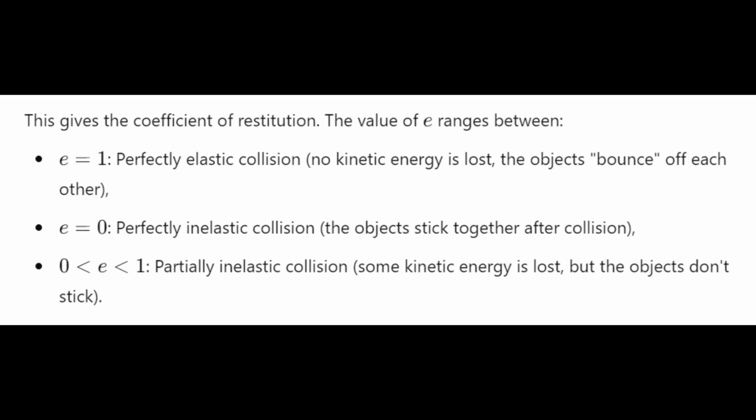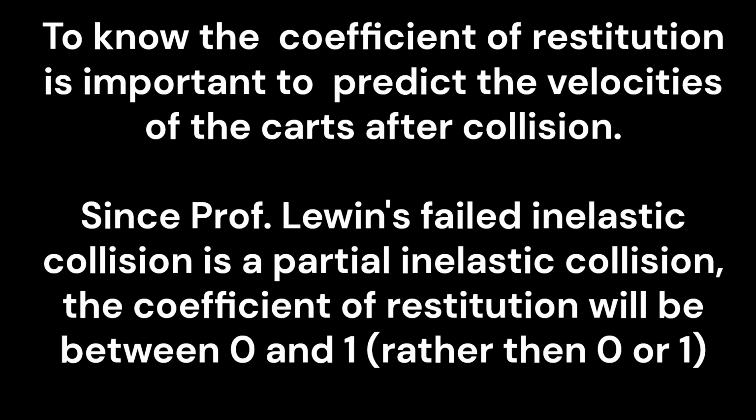Now, when E is between 0 and 1, then we have a partially inelastic collision. So some kinetic energy is lost, but the objects don't stick. So to know the coefficient of restitution is important to predict the velocities of the carts after collision.